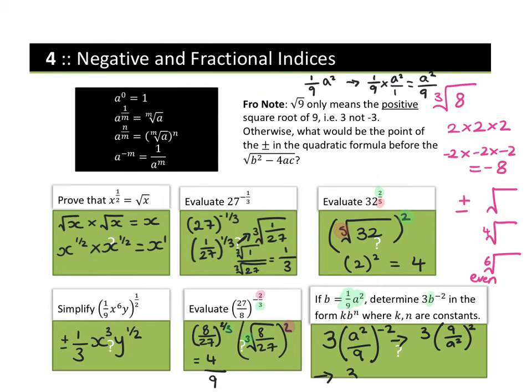So I'm going to get 3 lots of 81 over a to the power of 4, because I'm squaring. 3 lots of 81 is 243 over a to the power of 4, which is the final answer. Or some people might like to write 243a to the power of minus 4. Both of those are completely acceptable because they are equivalent.